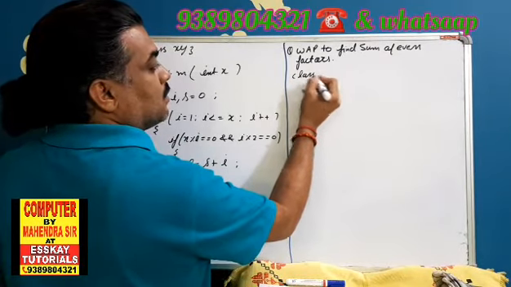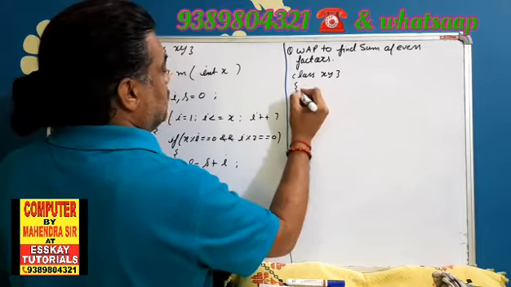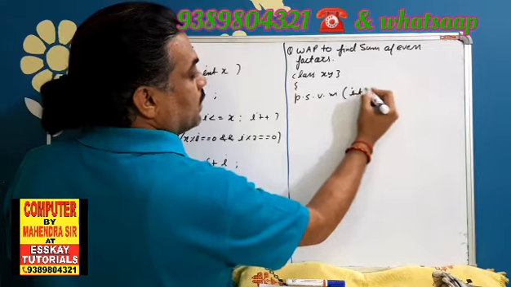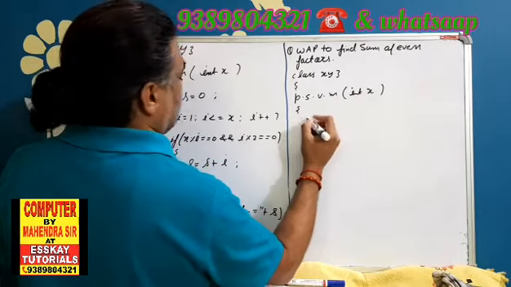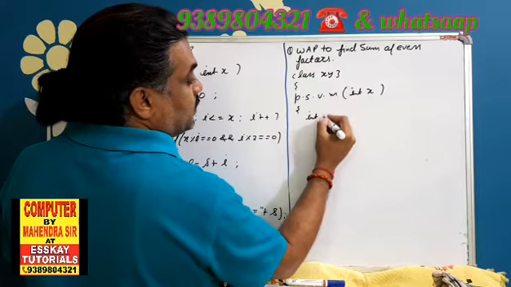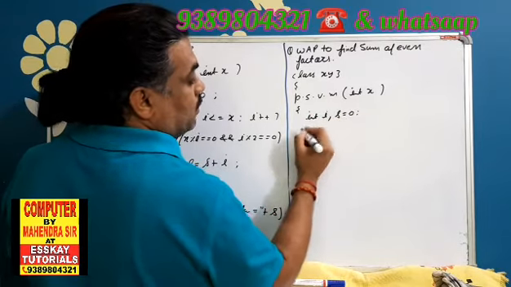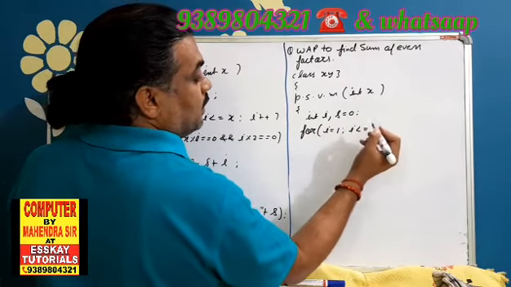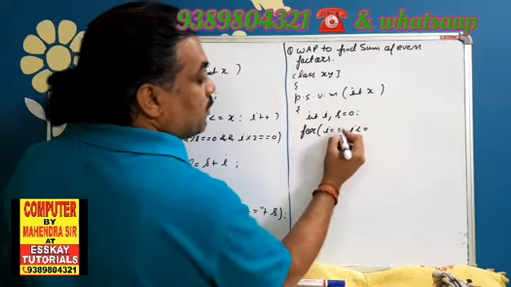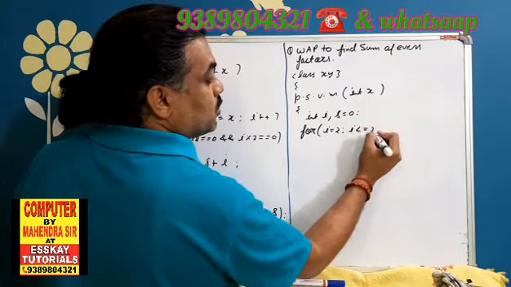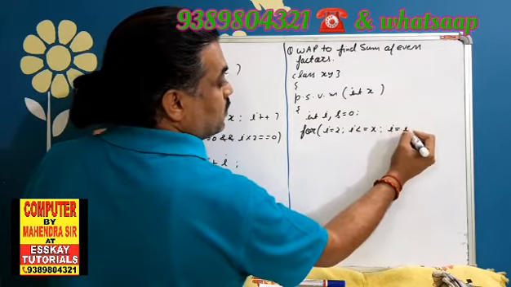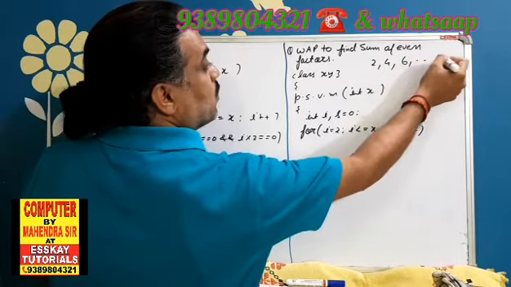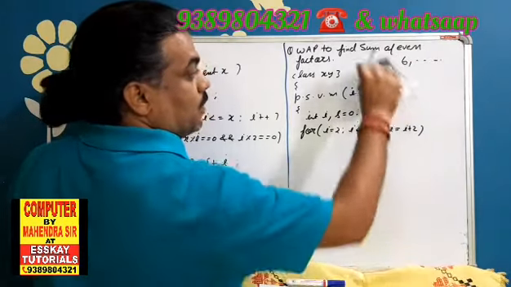Class XYZ, the second method, public static void main, int x. I'll go for int I, s is equal to 0. For loop for I equal to 2, since I have even numbers, it will begin with 2, I less than or equal to x, I is equal to I plus 2, because if it is 2, the next number is 4, 6, and so on. So 2 plus 2 is 4, right?